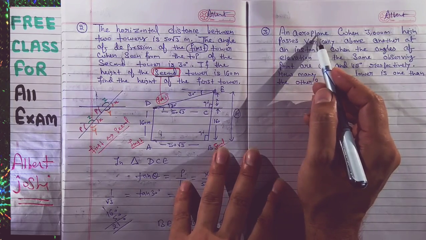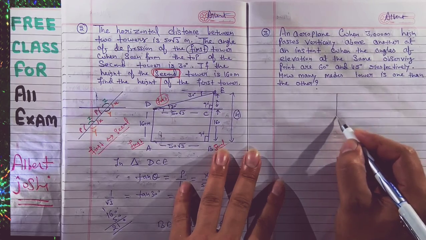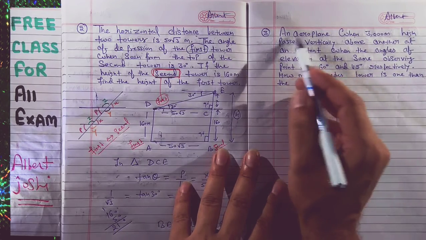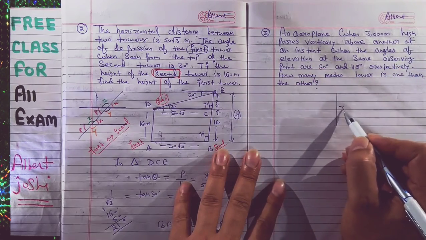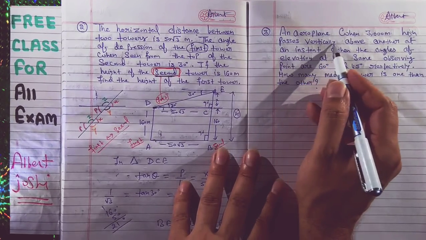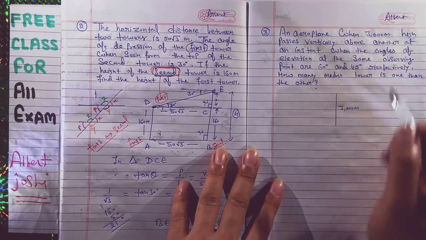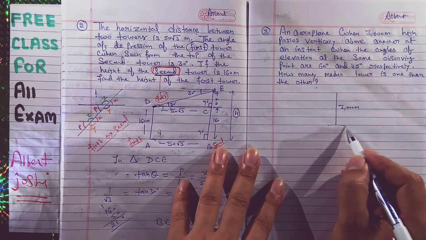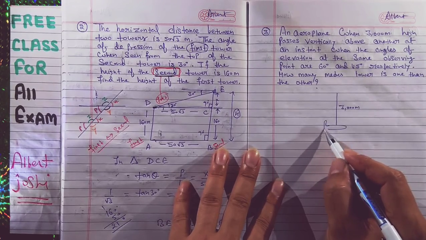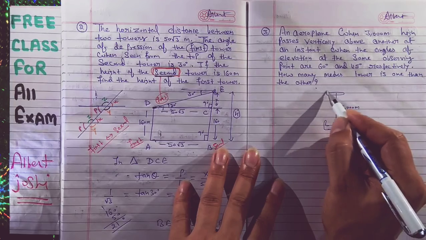An aeroplane when 3000 meter high. So there are two aeroplanes. An aeroplane when 3000 meter high passes vertically above. So vertically above means this is the plane number 1 and this is the other plane.